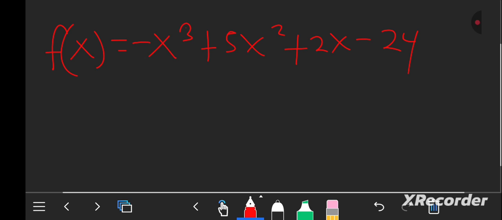So the first thing we need to do here is to find the factor.